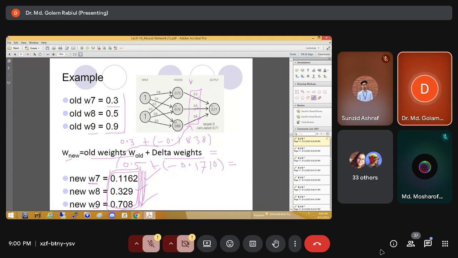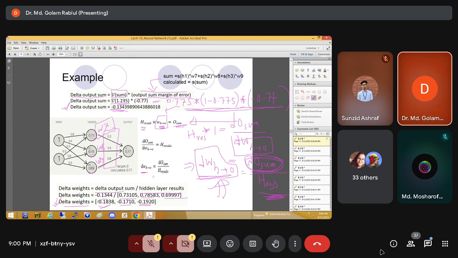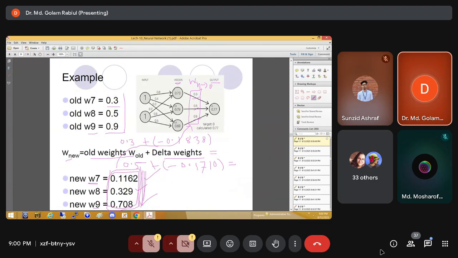This is the hidden, so hidden H, and this is the output O. Okay, hidden to output. So here is the delta to output. We have already determined how much change we need in W7, W8, and W9, and then apply those changes.